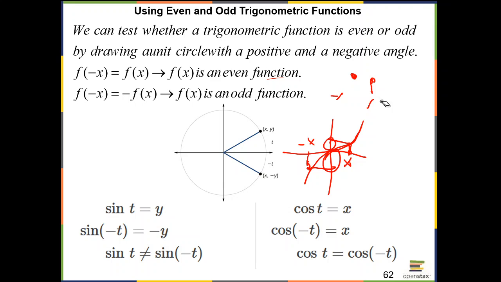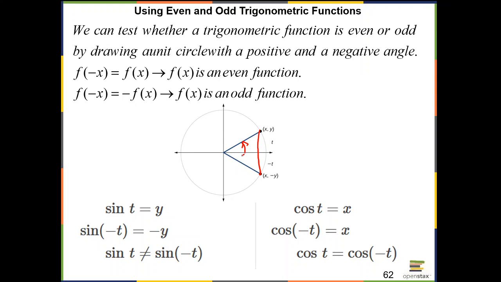Now, we can apply this in trigonometry to sine and cosine and the rest of them. So as you see here, if this is angle t, then this is angle negative t, right? So as you see here, cosine of negative t is the same as cosine of t.